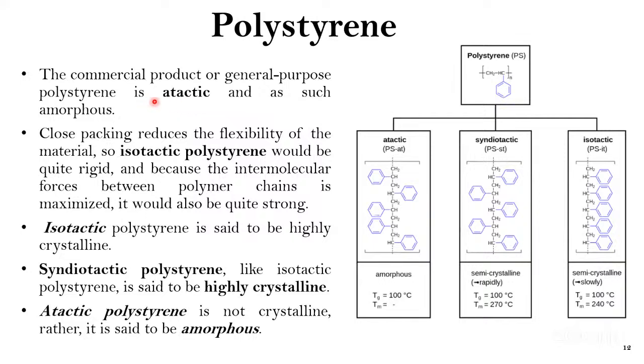And if they are atactic, means they are amorphous in nature. Okay. That is the reason you can see polystyrene is quite transparent in nature, as only atactic can give you a quite transparent nature, because they are amorphous. Okay, is that clear to everyone?